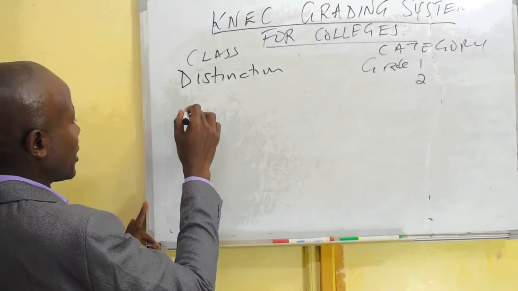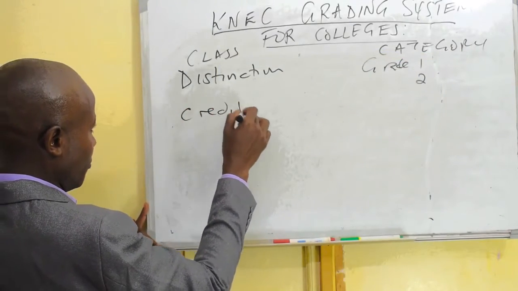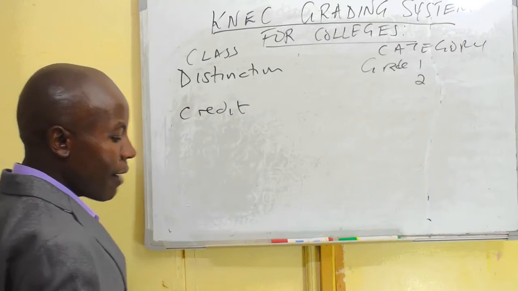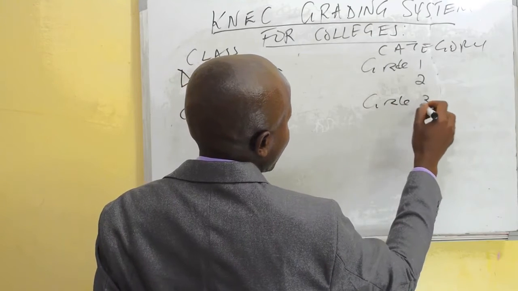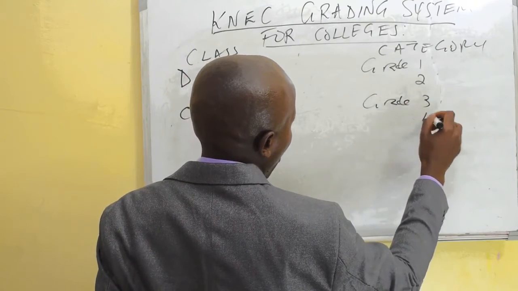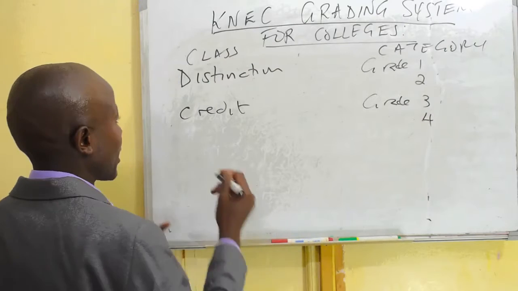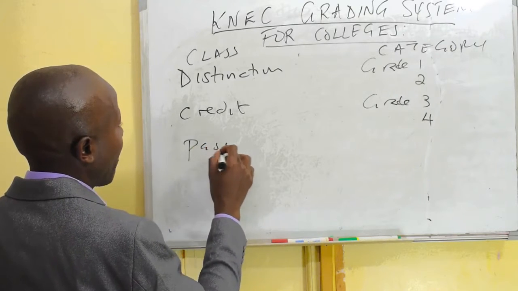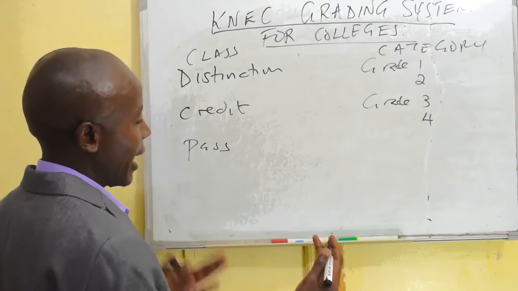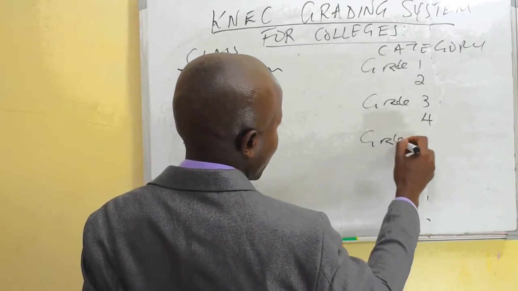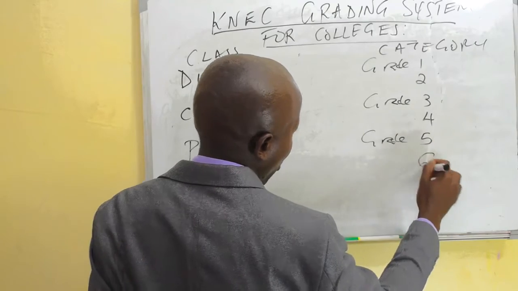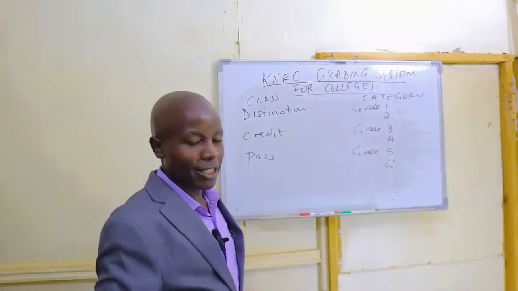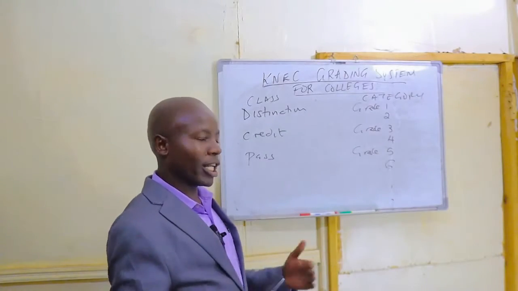The other one is credit. For the credit, pass with credit, you will see you are given grade 3 or grade 4. Again, there's a difference in the marks. The other one is a pass, and again you get grade 5 or grade 6. There's a little difference in the marks between grade 5 and 6.